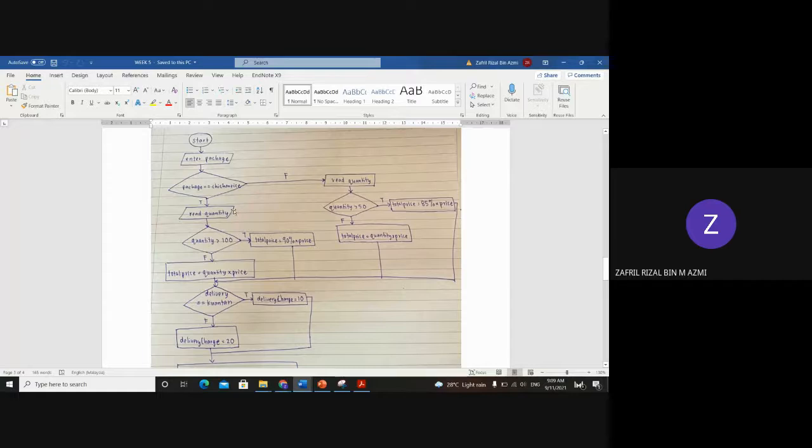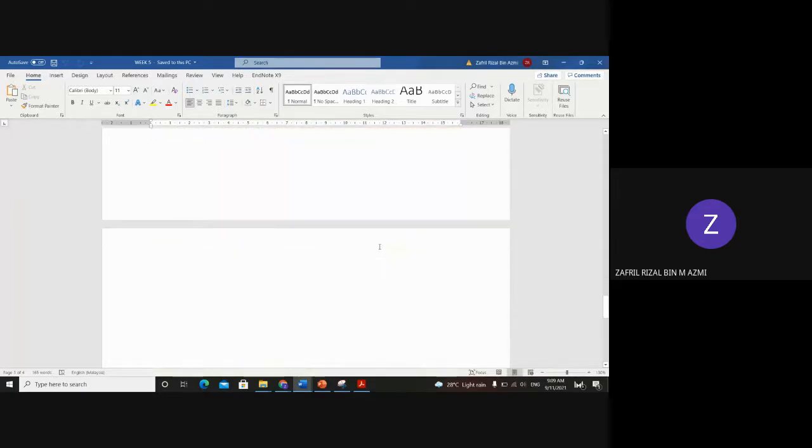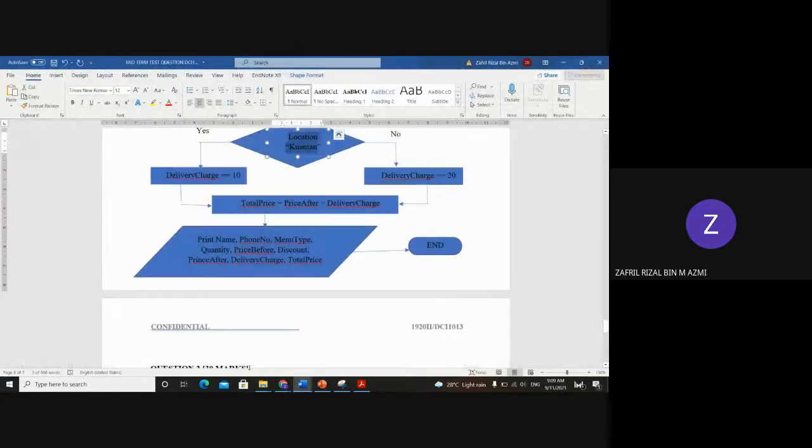Read quantity: both conditions, true or false, need to read quantity. So why not put it only once, before, because both conditions need to read quantity. So you may combine, but this is also correct. Correct, but you may simplify.